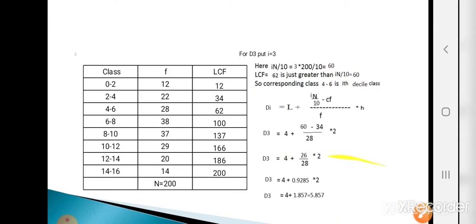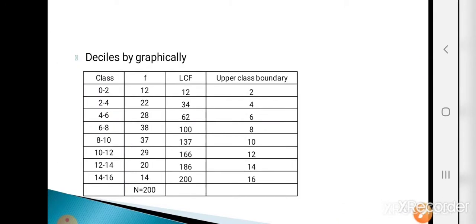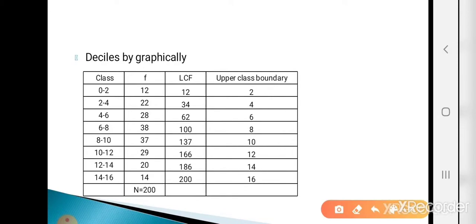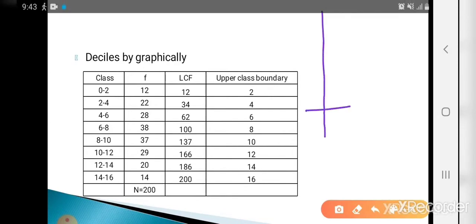Now see how to calculate the deciles by using a graph. To find the deciles graphically, we use the ogive curve. There are two types of ogive curve, less than ogive curve and more than ogive curve. Here I am using the less than ogive curve. How to draw the less than ogive curve?